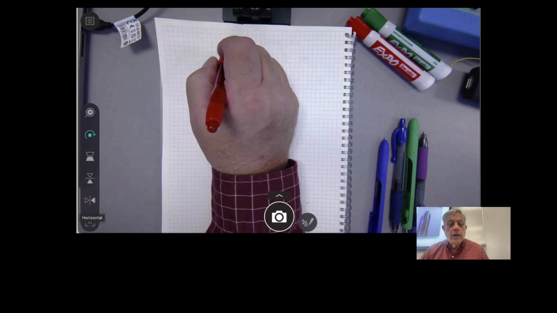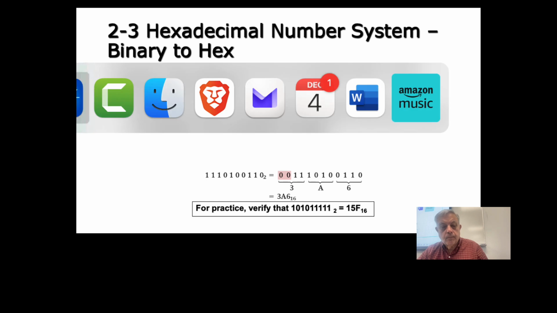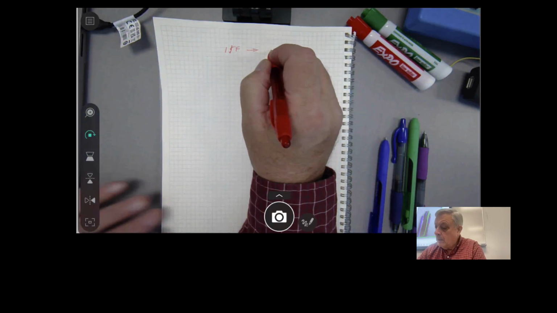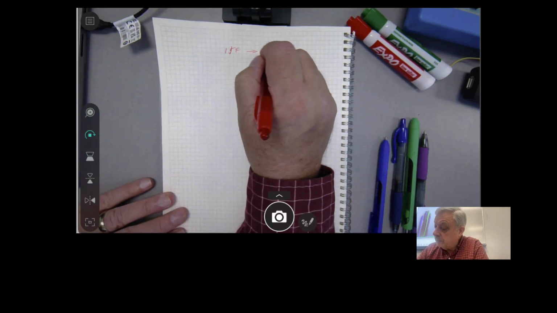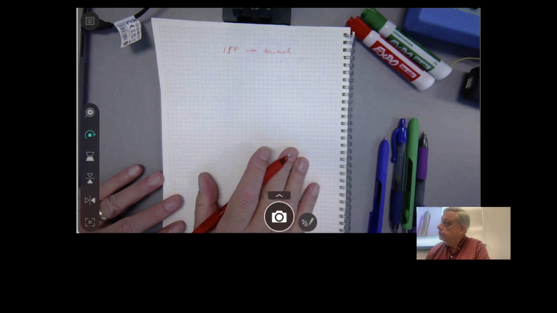If we go back the other way just a moment, let's take 15F. We'll take 15F to decimal. Are you ready to do that one?